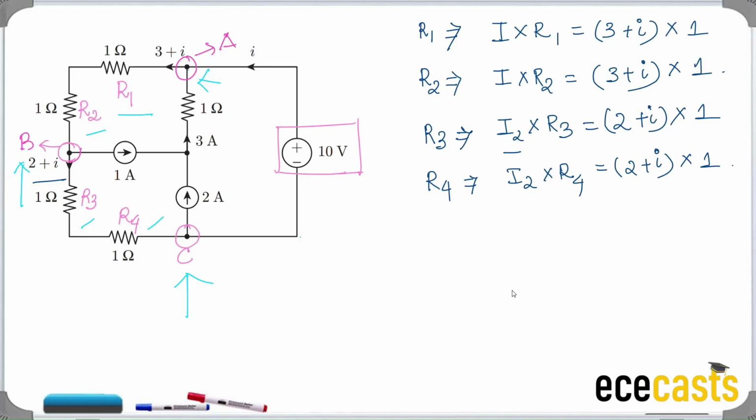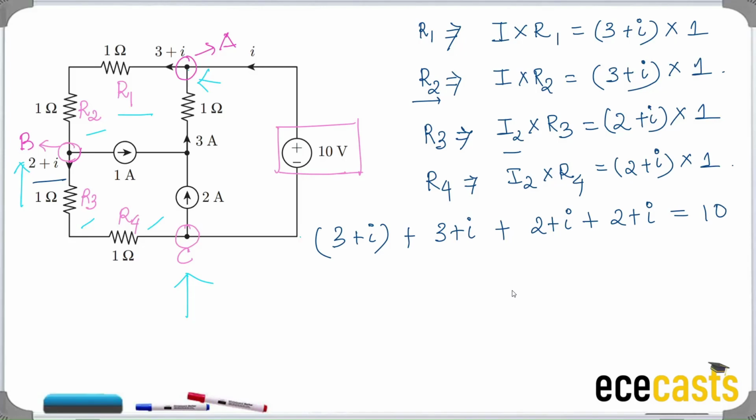The voltage drop across R1, which is 3 plus I into 1, plus across R2, which is 3 plus I, plus across R3, the voltage drop which is again 2 plus I, and that of R4 is again 2 plus I, equal to 10 volt.